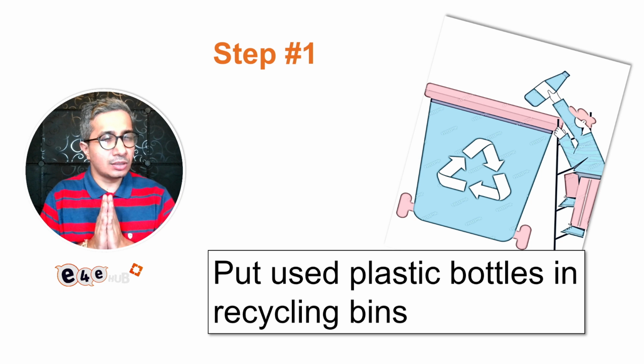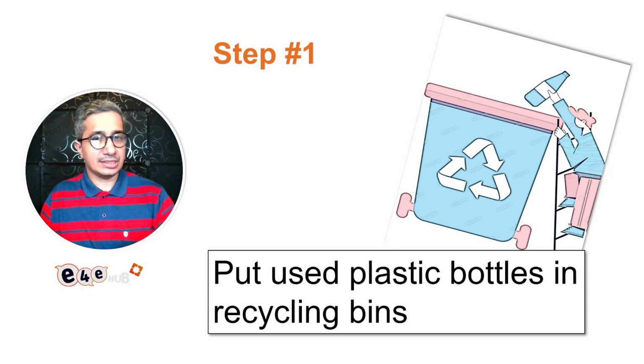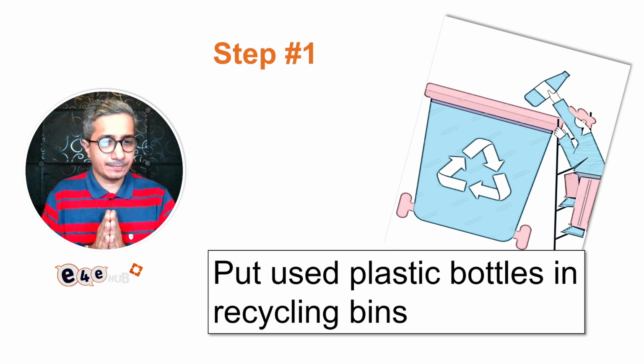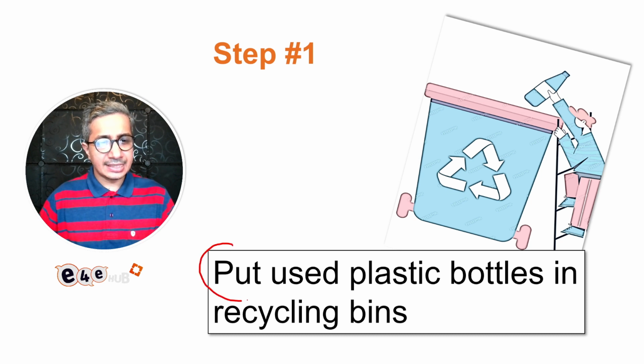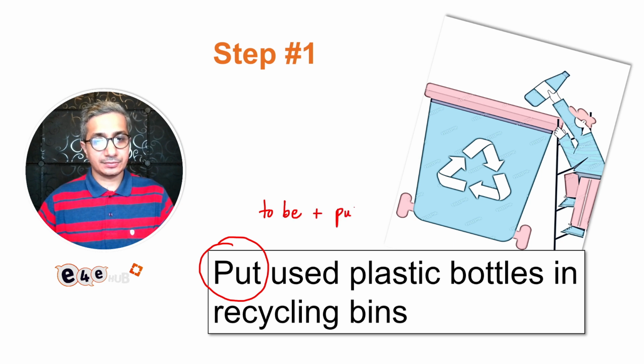Now, what I want you to do is convert this active voice sentence into passive voice. I'll do the first example for you. Plastic bottles are put in recycling bins. So what am I doing? I am doing something which we have already done in part 2. This is the main verb of the sentence, to put. I am making it to be plus put.